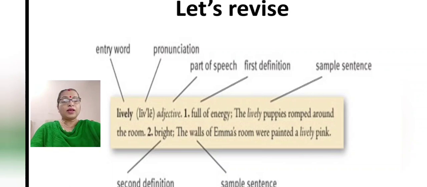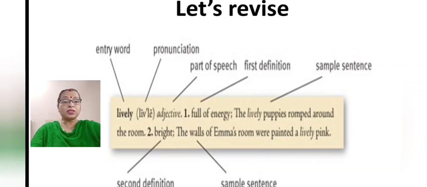The next we have is full of energy. Number 1 is written. That means it is the first definition of the word lively. The sample sentence is given next: The lively puppies romped around the room. This is the sample sentence of the first meaning, right? Then the second meaning is bright.